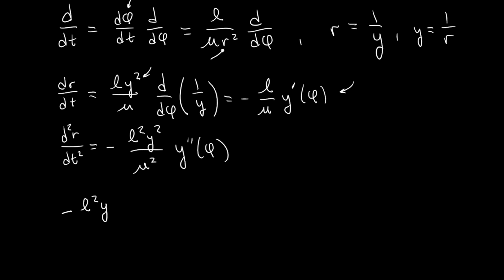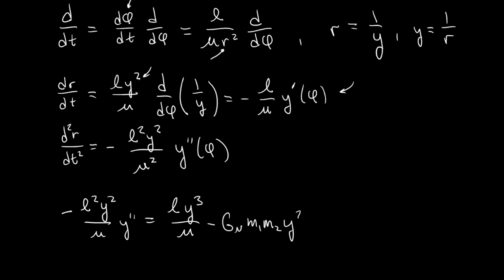When I write it out in terms of y's and phi's, I get something like this. This is equal to L y cubed over mu minus G m1 m2 y squared. Now I'm going to just divide everything by this prefactor.